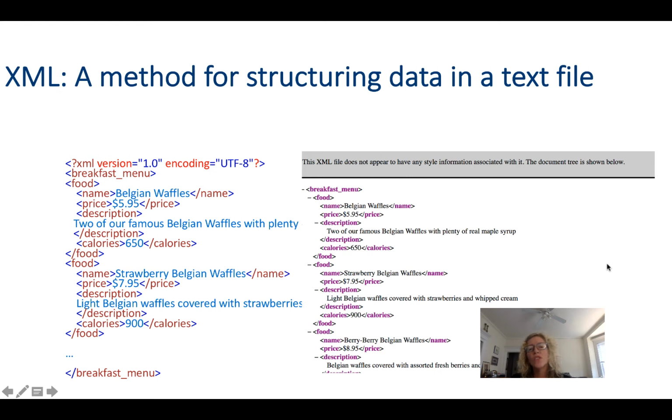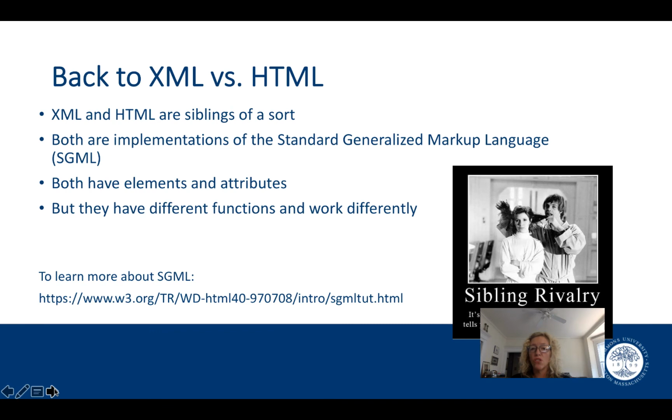So it just structures it a little bit. If you see up here, it says this XML file does not appear to have any style information, and that's what we use XSLT sheets for, which will help us to style the XML, similar to what we do with CSS and HTML. So XML and HTML are kind of like siblings.